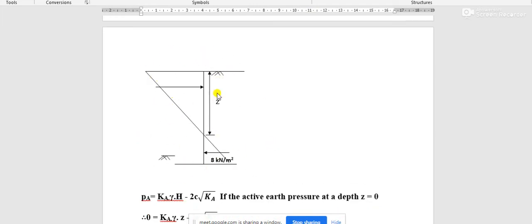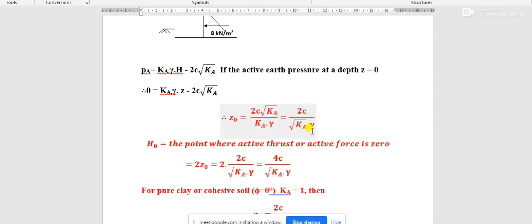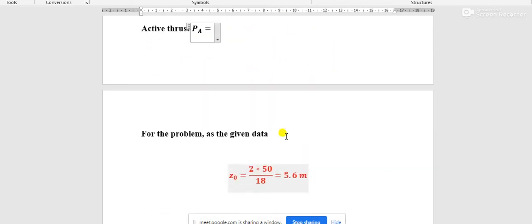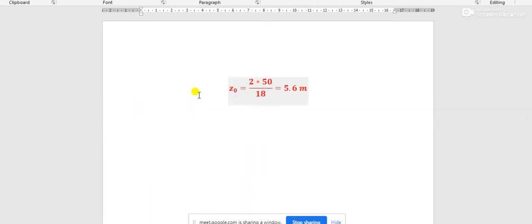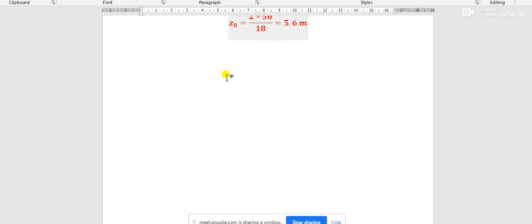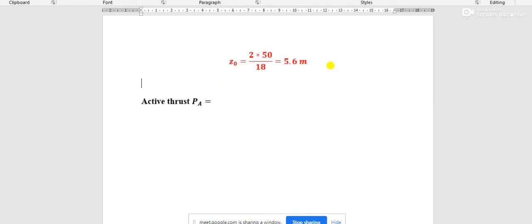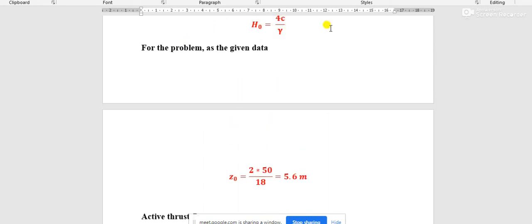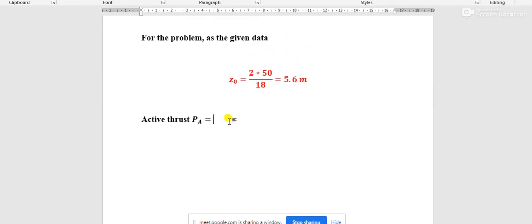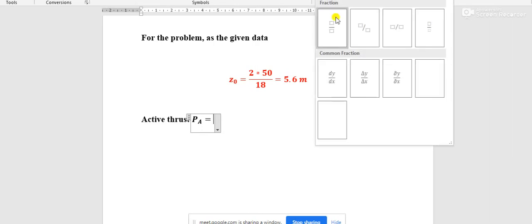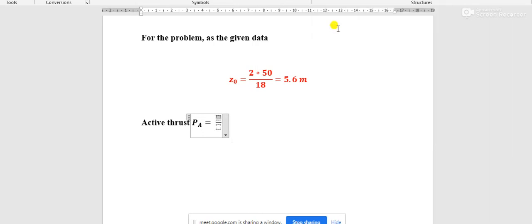Here two triangles are there, one negative and one positive. Active thrust PA equals the summation of the areas of two triangles.